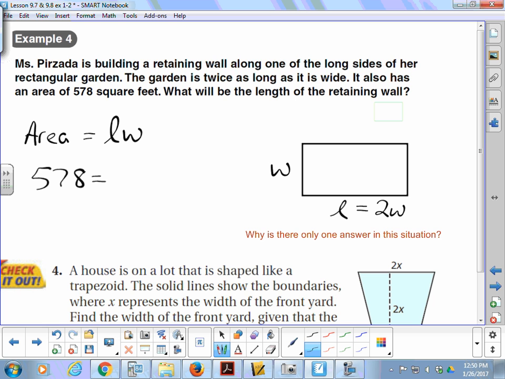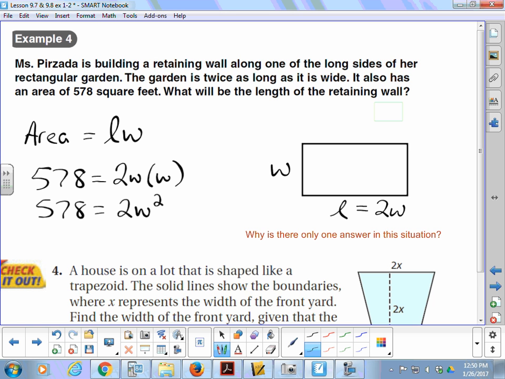We know the length is 2W and the width is W. So we're going to use that information to find out the length of the retaining wall. So 578 equals 2 times W squared.